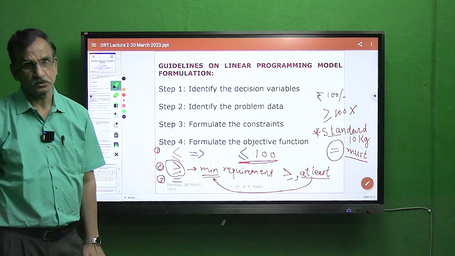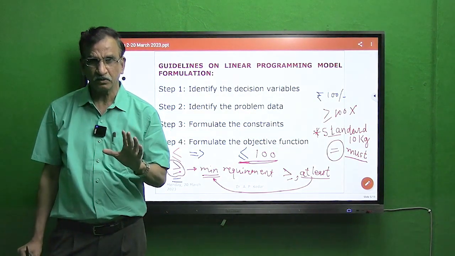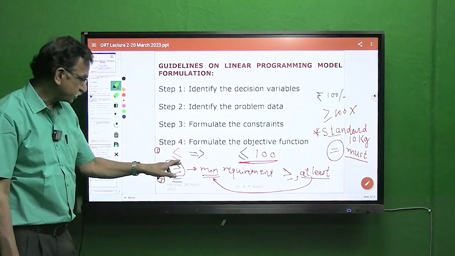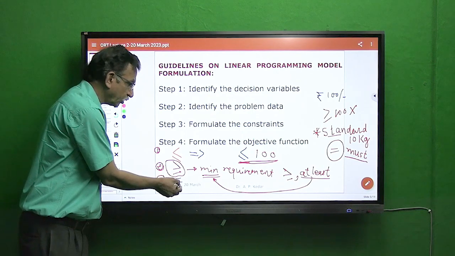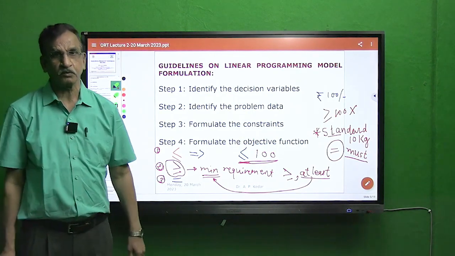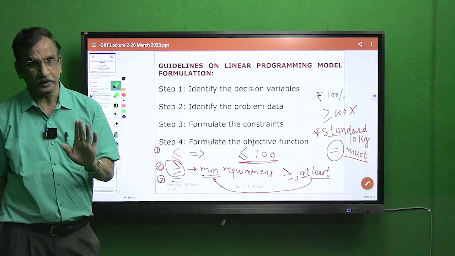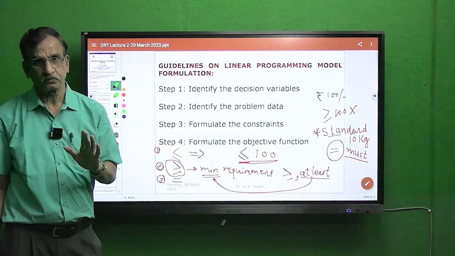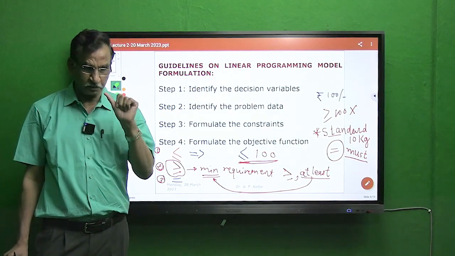So students, now you are very clear on which sign, whether less than or equal to, greater than or equal to, or equal to, is to be used in formulation. At a time only one. Is it very clear?